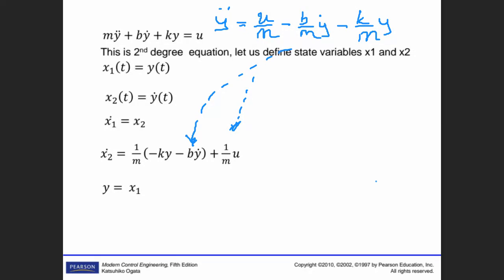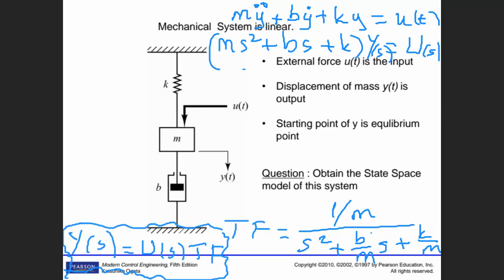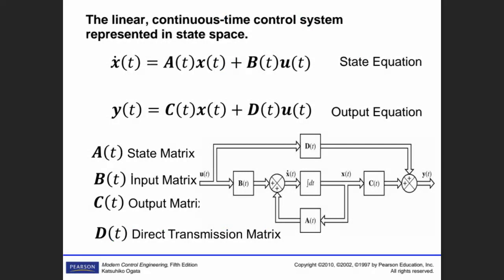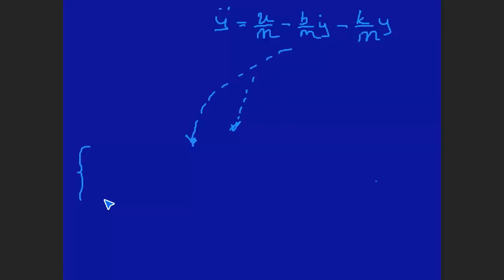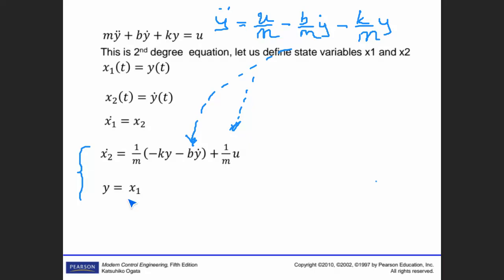Well, we have two equations now. You remember that one is the first equation, this one, and this one is the second equation. So I go back. This one is the first equation, and that one is the output equation, which is equal to this.